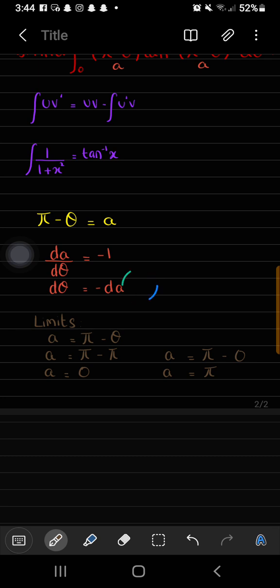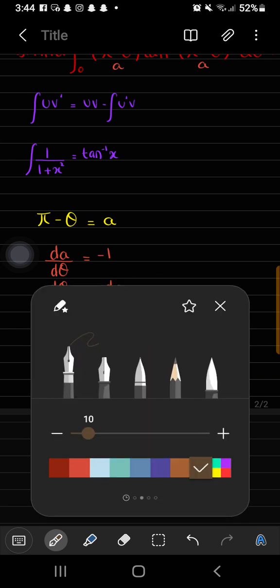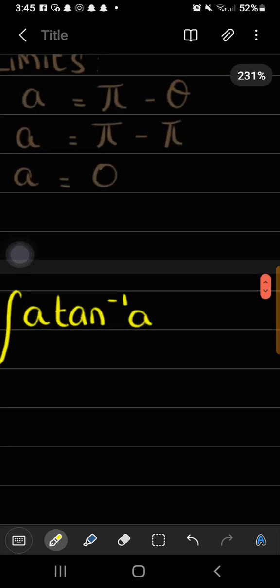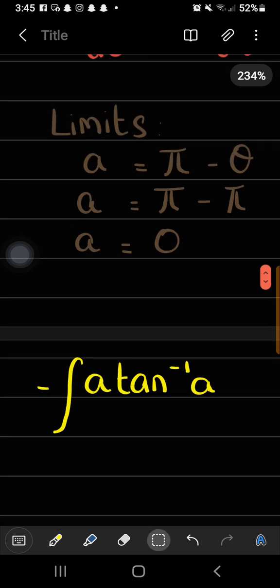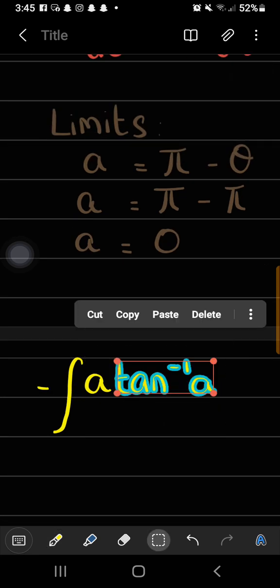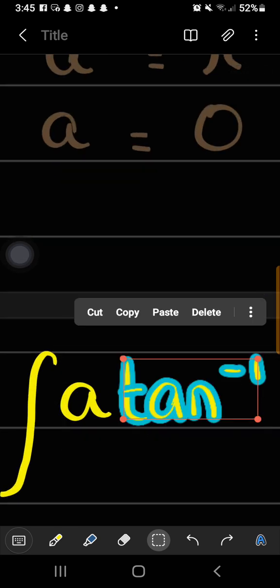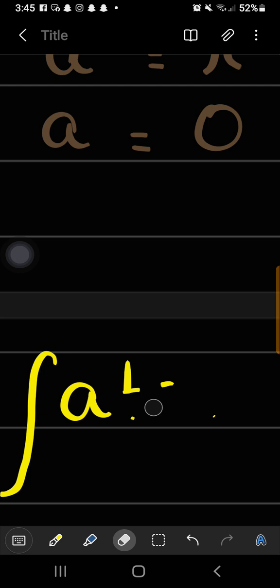Okay, so let me show you what is our current function which we have to integrate. After substituting a, we have this negative a tan inverse a. Wait, one thing, I forgot to write the limits. I can write it again. It will take more time, I think.